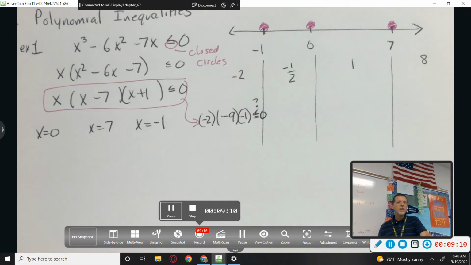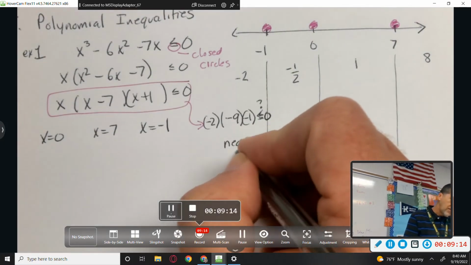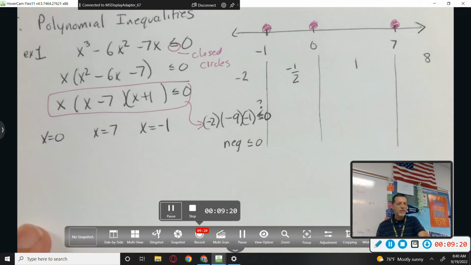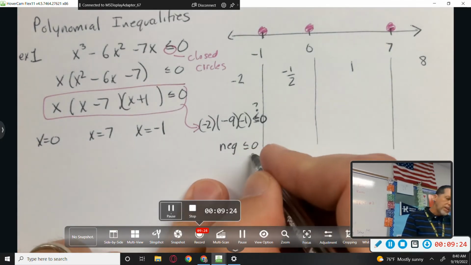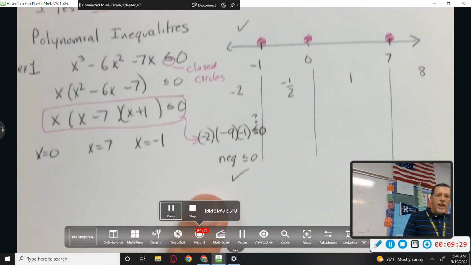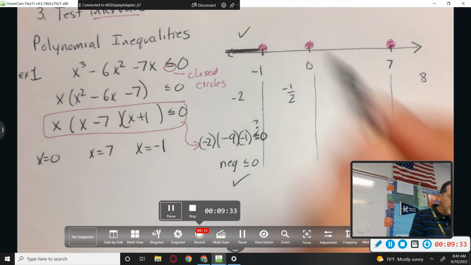Negative times negative times negative is a negative. And I don't really care about the values. Sure, it's 18, but that's not what I care about, only the signs. So negative is less than 0. That's true. And if -2 works, that means everything on that interval will work. So we'll shade that interval.